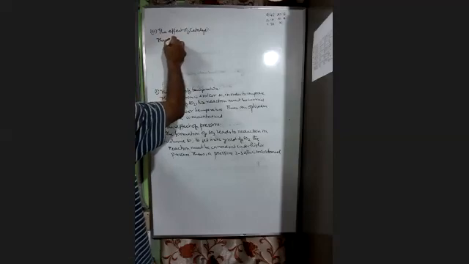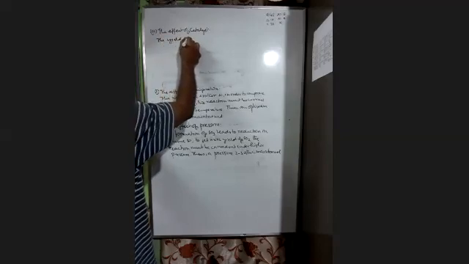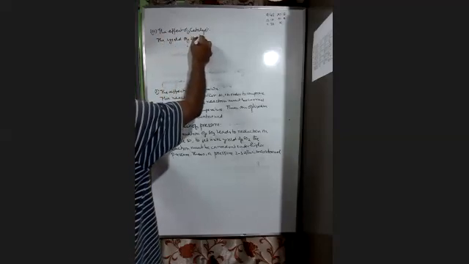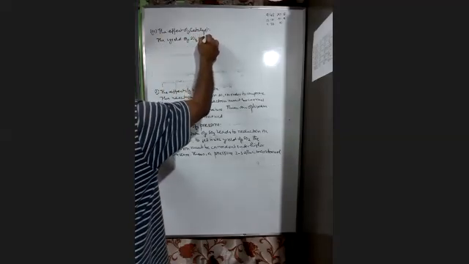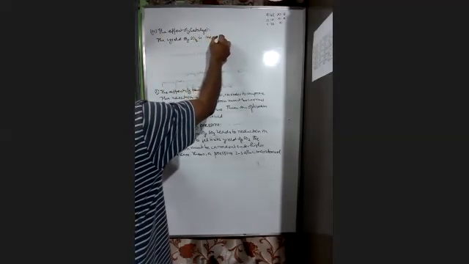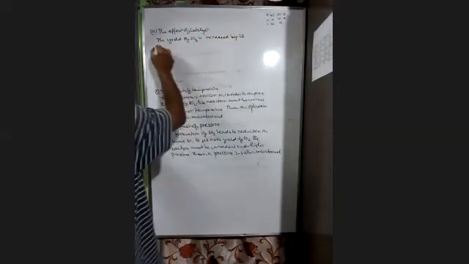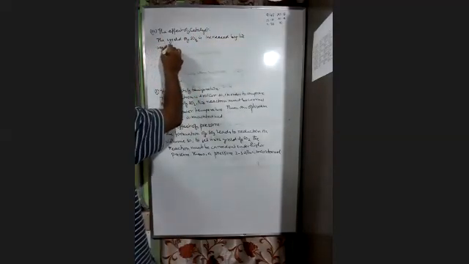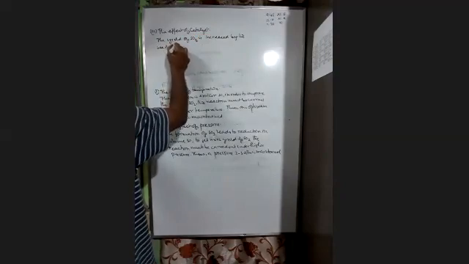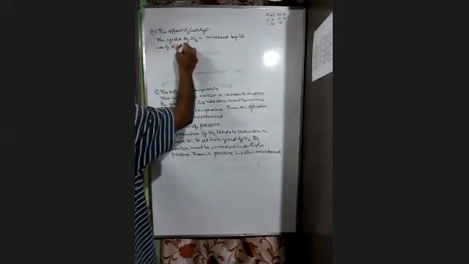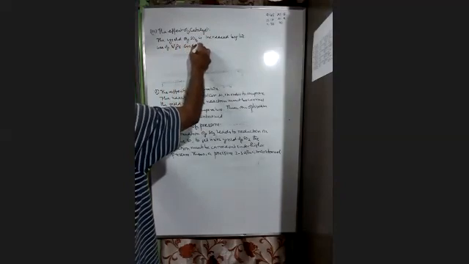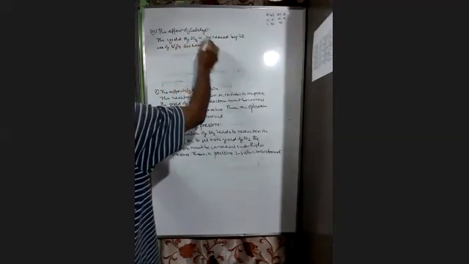The yield of sulfur trioxide is increased by the use of vanadium pentoxide as catalyst. This is enough.